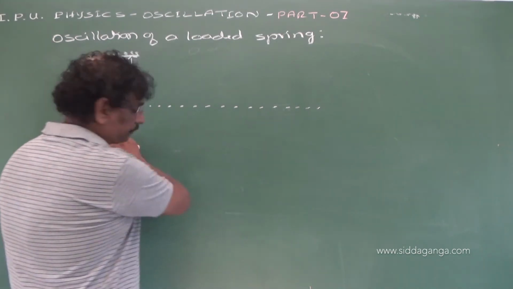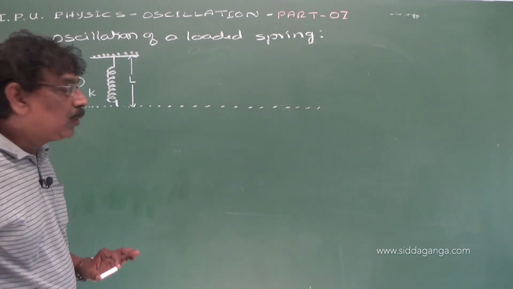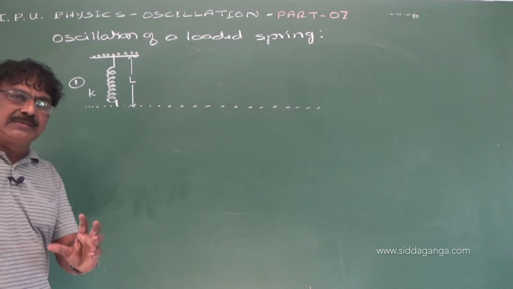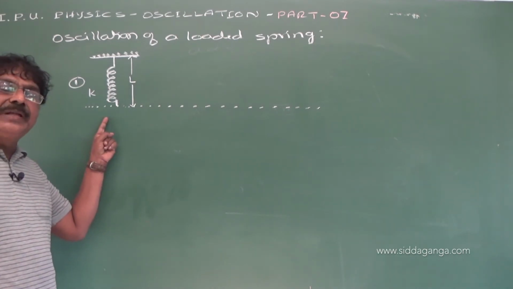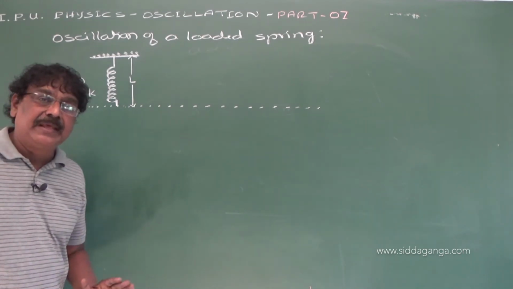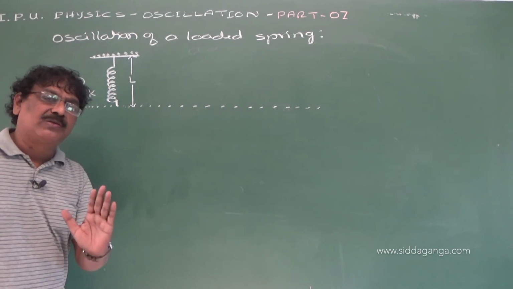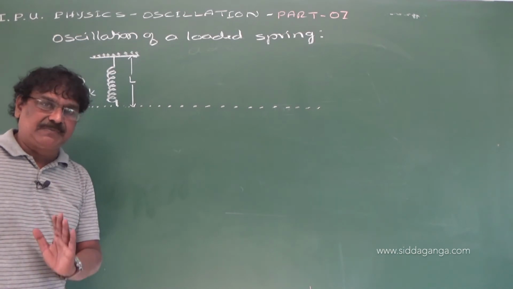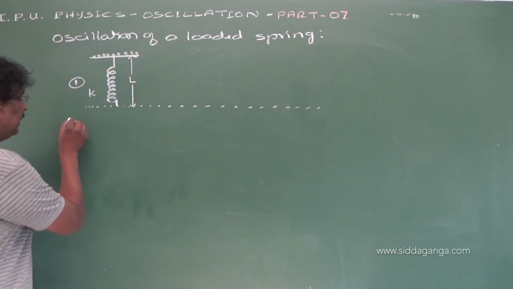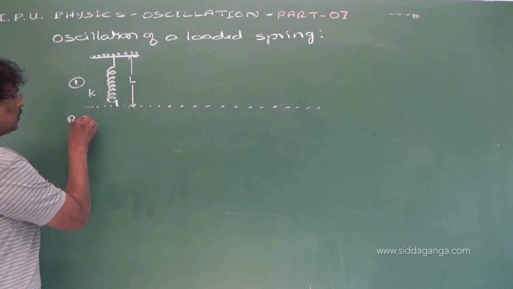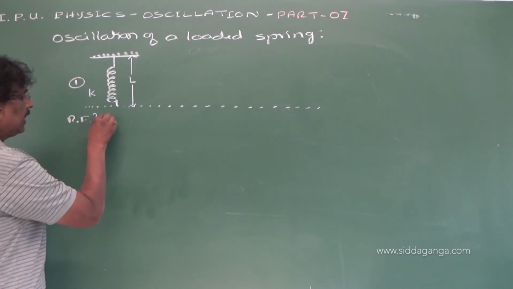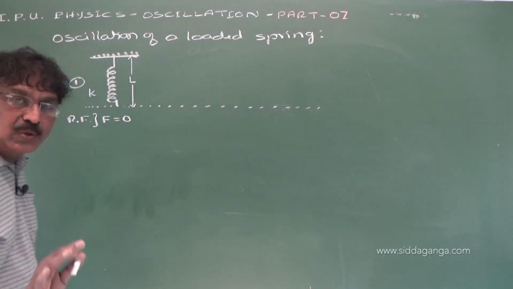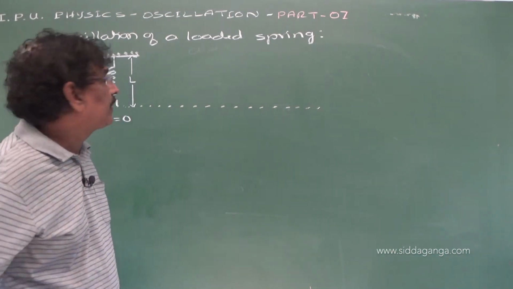Now here, when no load or any mass is attached to the lower end of the spring, there is no force that displaces the spring or changes the length of the spring, right? Therefore, in this case, restoring force F is equal to 0. That means there is no restoring force, right?